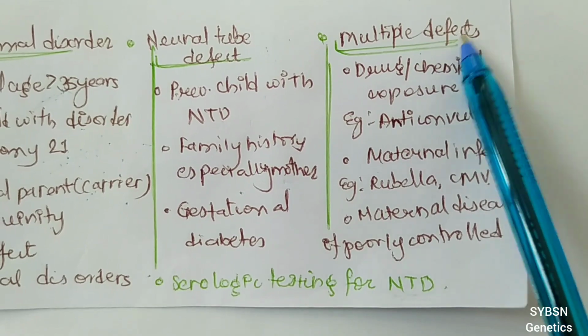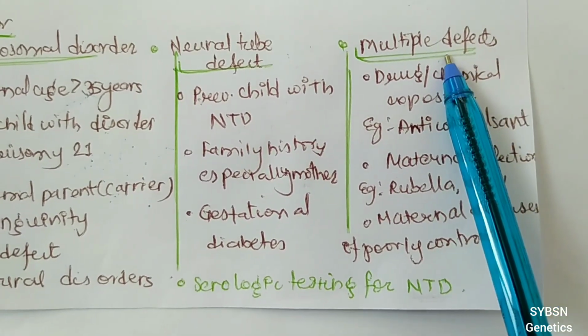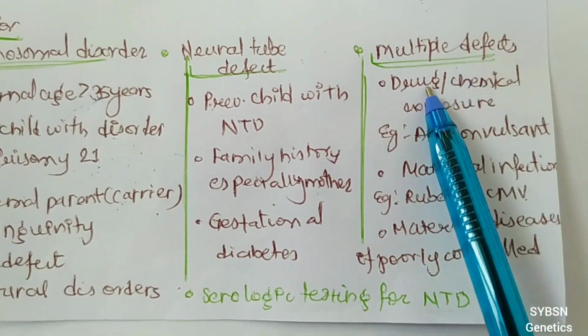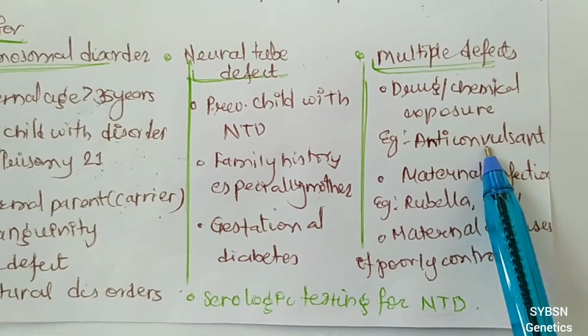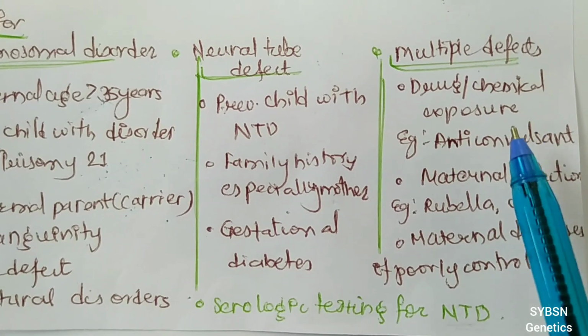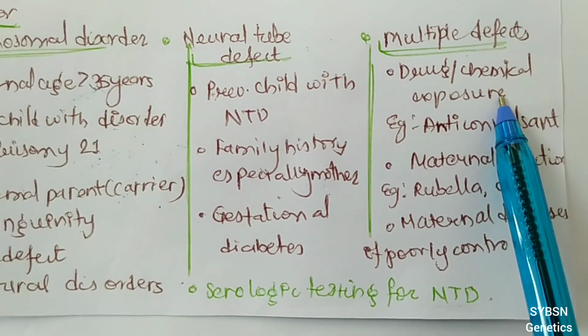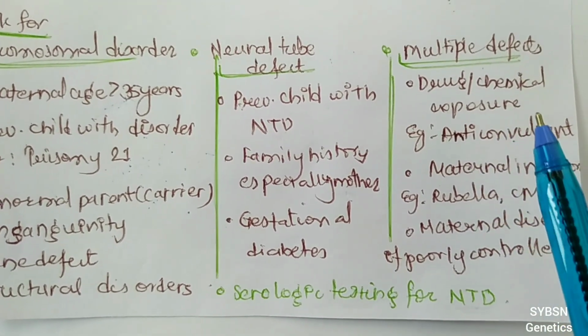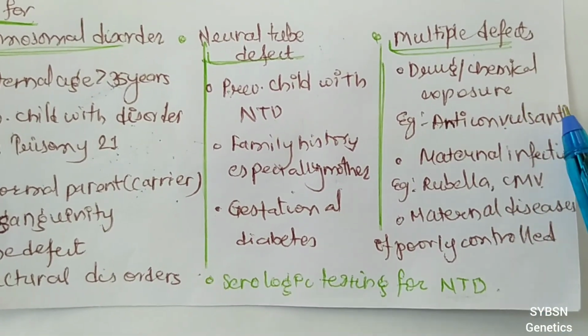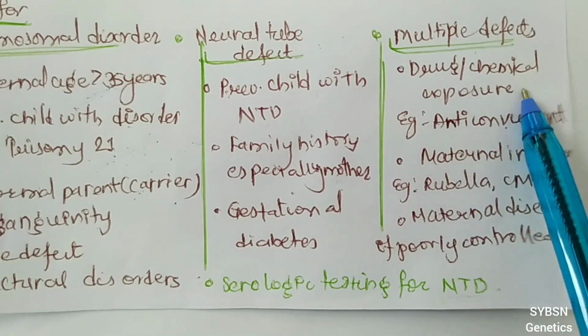Next, over here you have multiple defects. The risk factors for multiple defects can be drug or chemical exposure. Whenever you are prescribing any kind of drug to a pregnant woman, you take a lot of precautions, and there are certain agents called teratogens which are not supposed to be given to them because they can cause birth defects in a child.